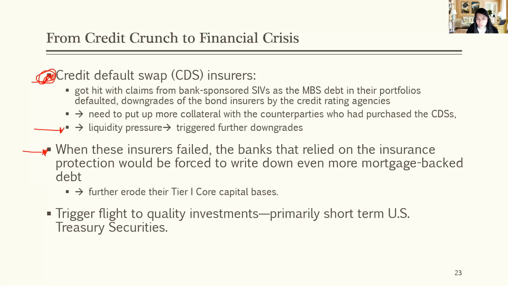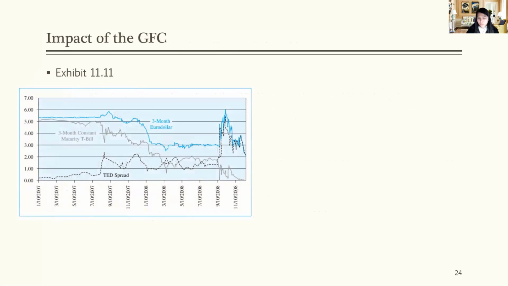So the consequence was that when these insurers fail, the banks that rely on them started to find that their portfolio value decreases, right? And that further erodes their tier 1 capital base.